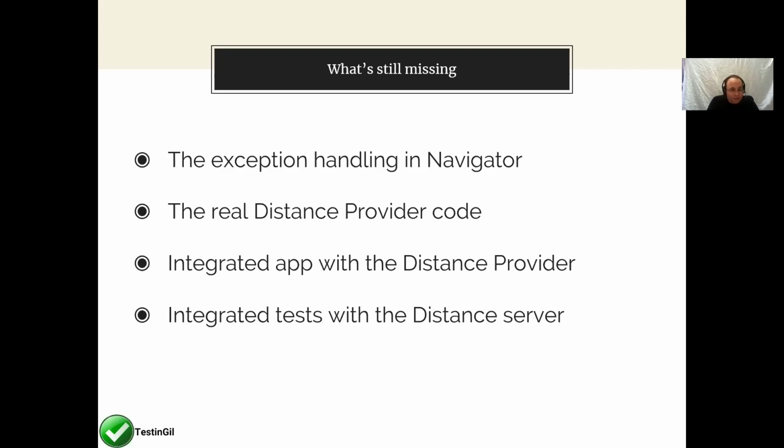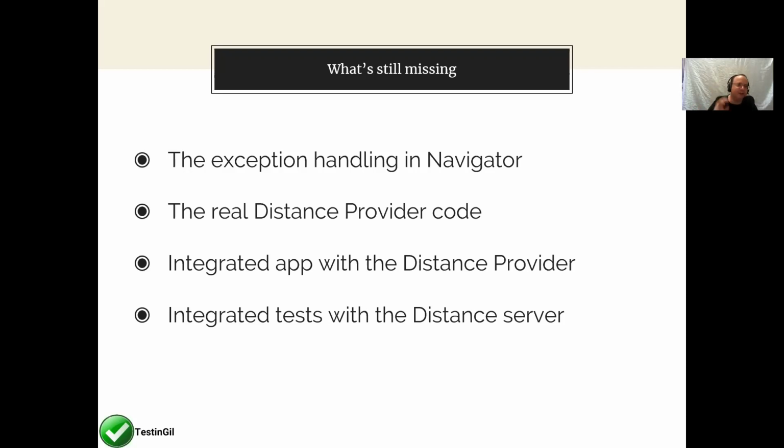We can do this separately and inject that into the application, which we didn't do either. So the application currently doesn't have a distance provider to inject. That's okay. It's very easy to do. The distance provider that we need to develop separately would be the layer that calls that service.